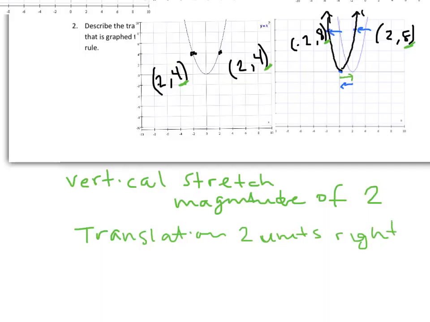So this equation, make it g of x now, so it can be different from f of x. G of x is 2 times (x minus 2) squared, where this 2 right here is the vertical stretch, and this 2 right here is moving the function 2 units to the right.